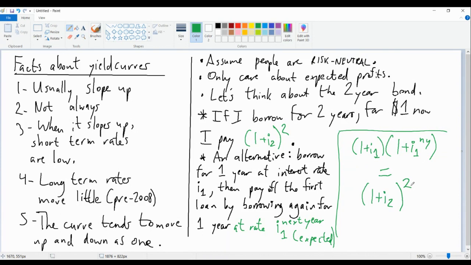Because of the usual no arbitrage argument. If everyone is risk neutral, then both the buyers and the sellers in these bond markets would perceive this as being the exact same thing as this. So that tells us that this equality must hold. Now, if we believe this equality must hold, that's going to actually give us something quite powerful.